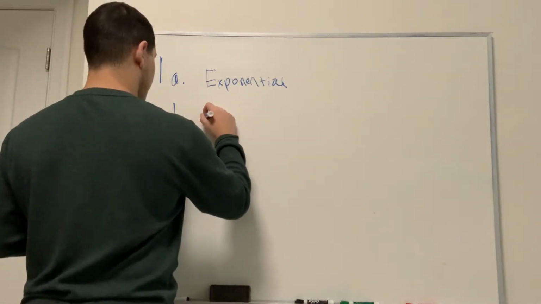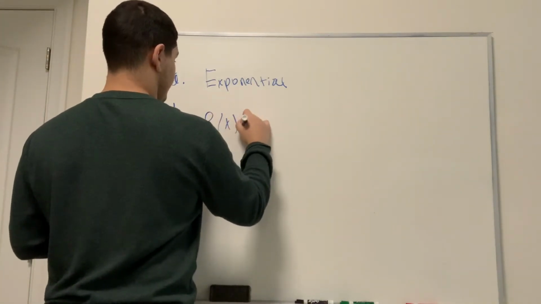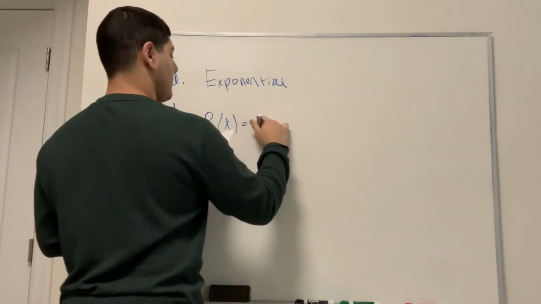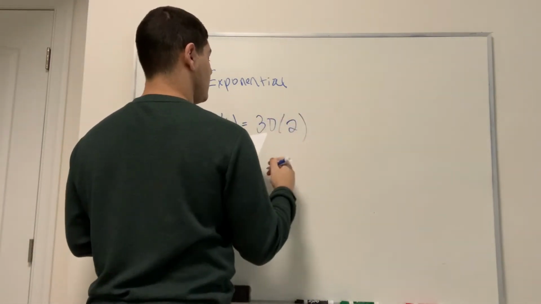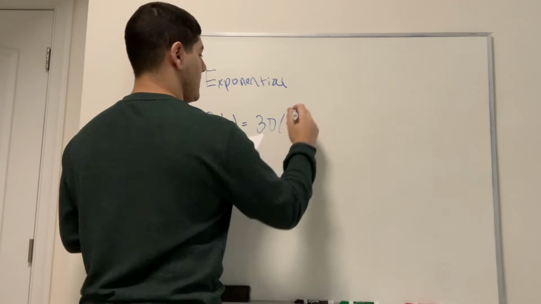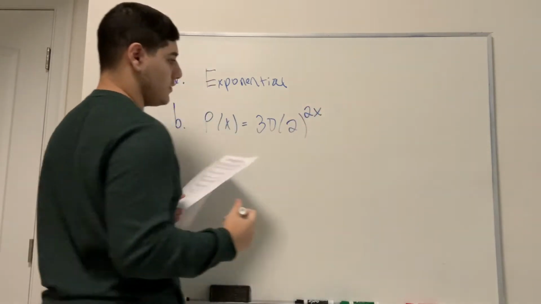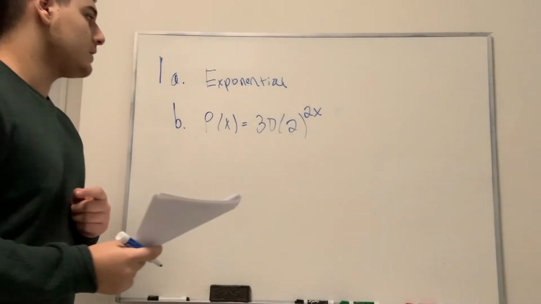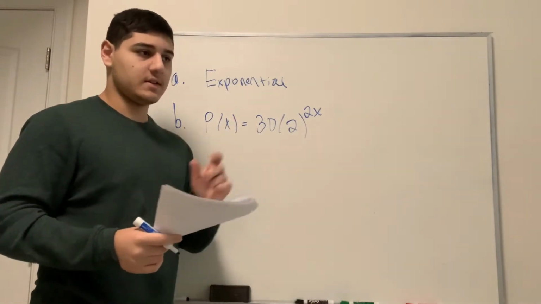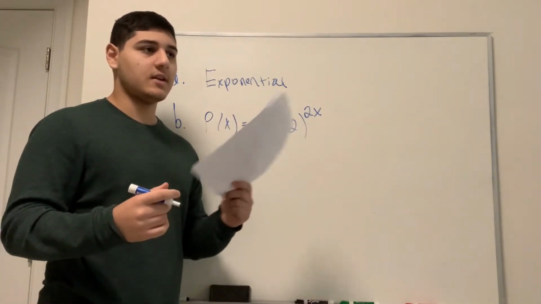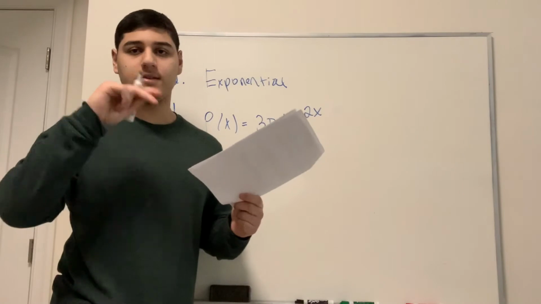So we have the population with respect to X equals the starting number 30 times the rate at which they increase, which is double every 6 months.